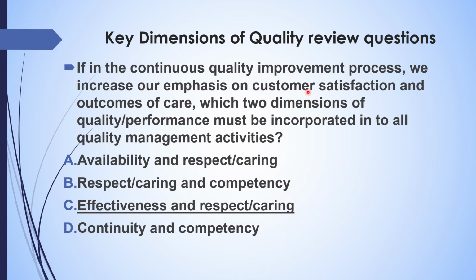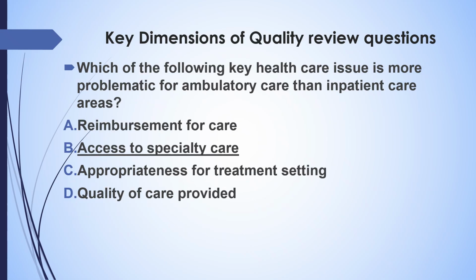Availability is not outcome of care or customer satisfaction, but respect and caring is customer satisfaction. Competency is also not outcome of care. Of course, it is respect and caring and effectiveness. Effectiveness is the outcome of care. So the correct answer is effectiveness and respect or caring.